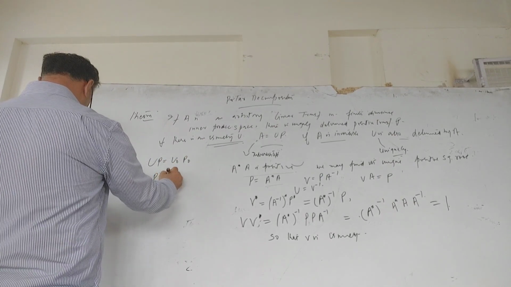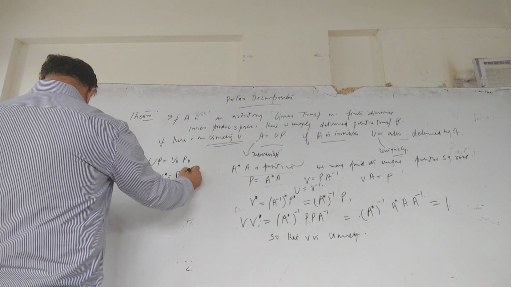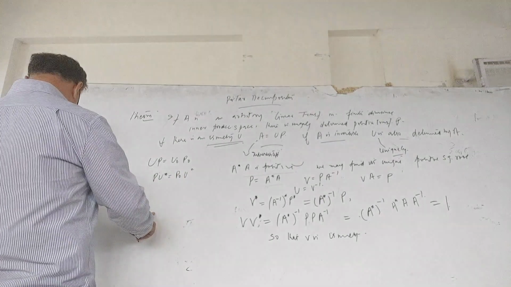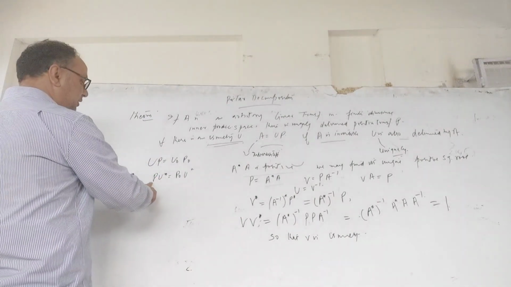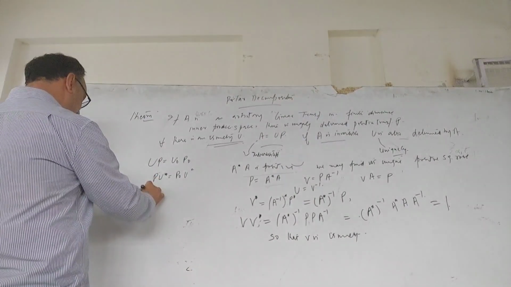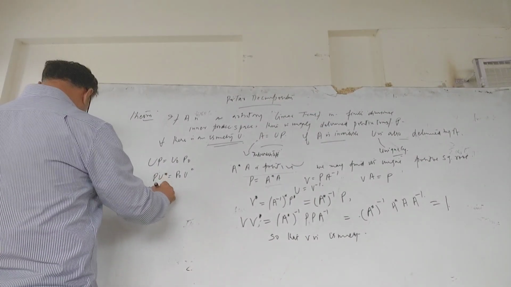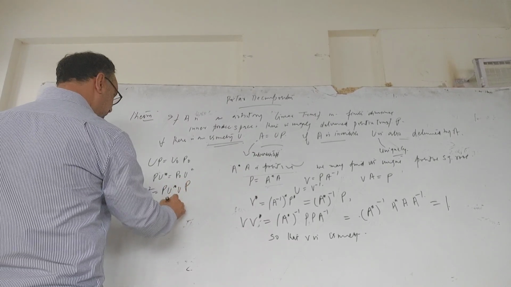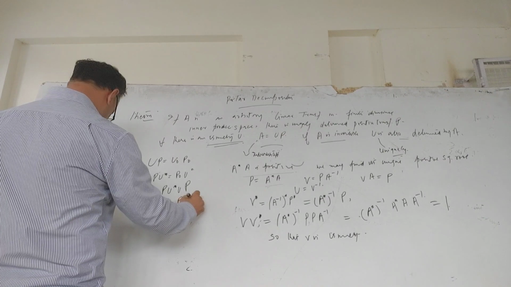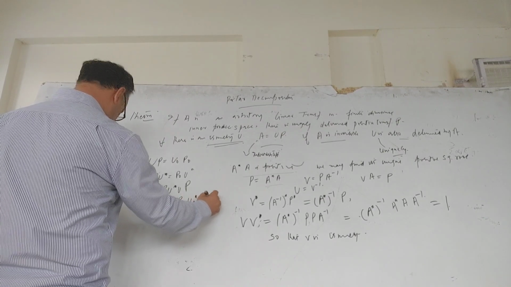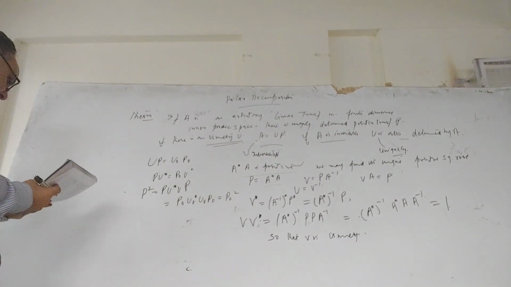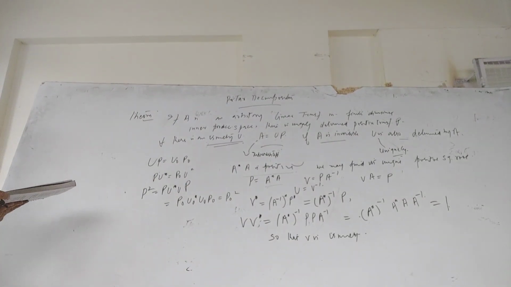To prove the uniqueness, we say UP is equal to U naught P naught. Multiplying by the adjoint gives P U star U P, which is P square, and this equals P naught square. So this shows the uniqueness in that sense.